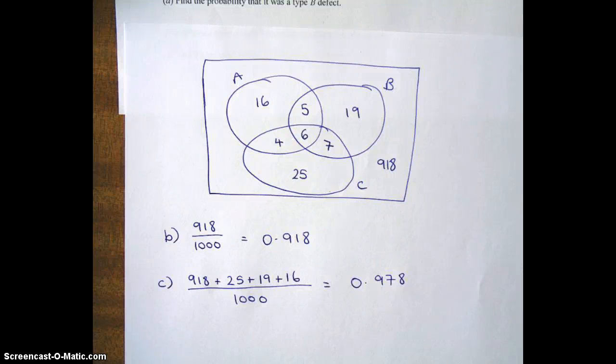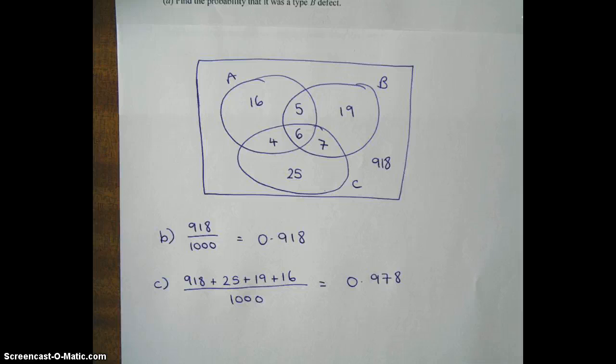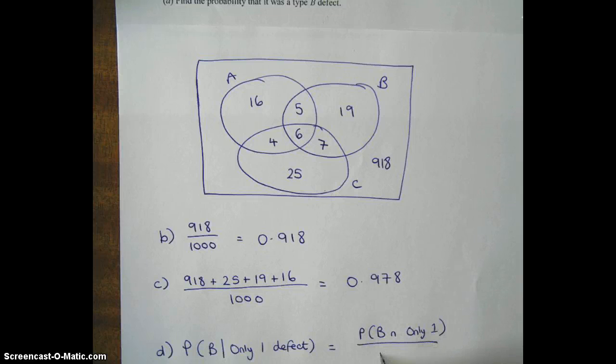And then the last one says, an article selected at random from this sample had only one defect. Find the probability that it was a type B defect. So we're basically saying, find the probability that it was type B, given that it only had one defect. So we're remembering that that is the probability of B intersect with only one defect, divided by the probability of only one defect.